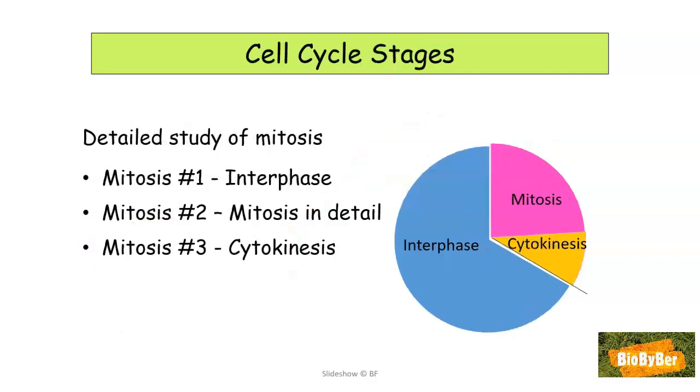So, a detailed study of mitosis involves watching the following videos in the sequential order given. Mitosis number 1, which describes the process of interphase. Mitosis number 2, which involves a detailed study of mitosis, and mitosis number 3, which describes the process of cytokinesis.